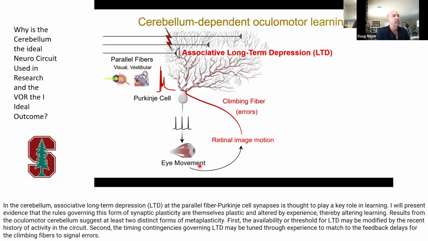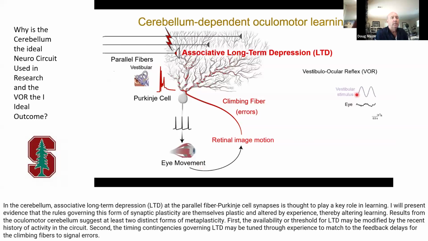Accounted for by this, but some of it can and some of it cannot. In particular, in the first part of the talk, I'll be talking about the vestibulo-ocular reflex. So vestibular signals via the mossy fiber granule cell parallel fiber pathway provide vestibular signals to Purkinje cells. The Purkinje cells can drive an eye movement response.